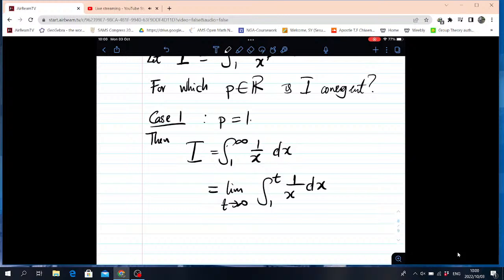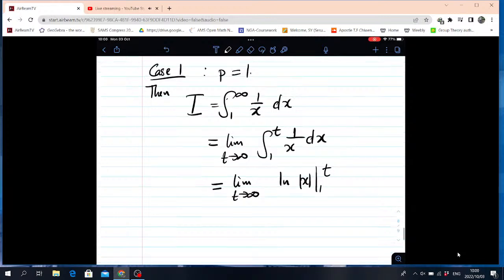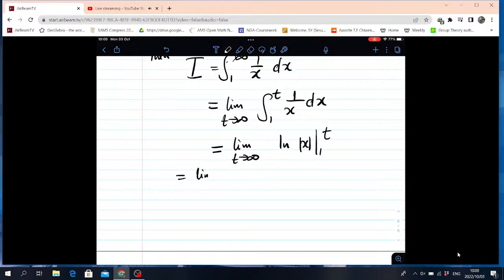We are just using the definition here, and then we know how to integrate 1 over x, so we get the limit as t tends to infinity of the natural log of x, right? And then we put our bounds there. And then from there we evaluate, and we get the natural log of t minus the natural log of 1.